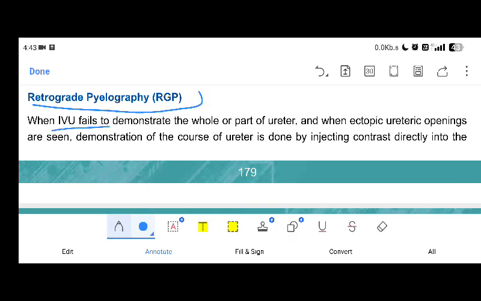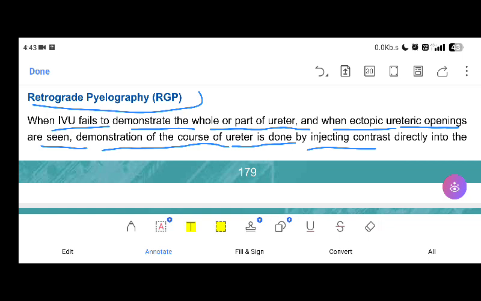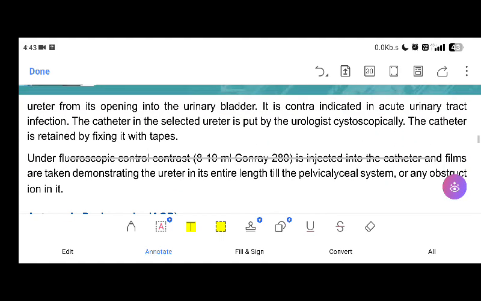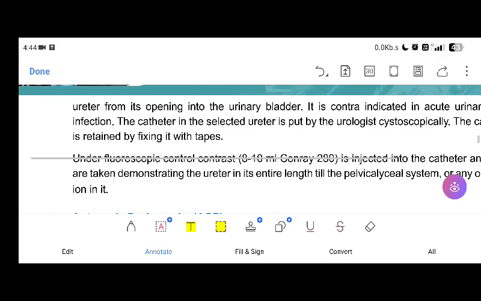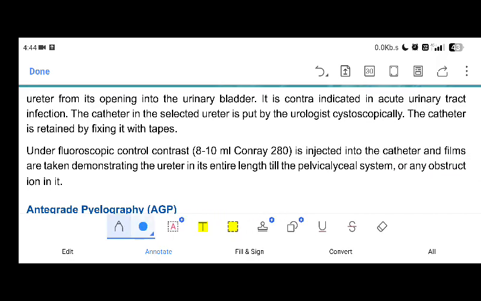When IVU fails to demonstrate the whole part of the ureter, and when ectopic ureteric openings are seen, demonstration of the course of the ureters is done by injecting contrast directly into the ureter, and its opening into the urinary bladder.